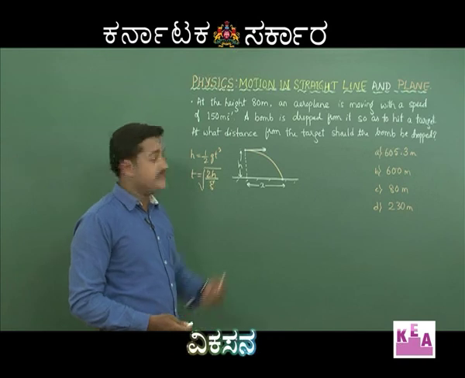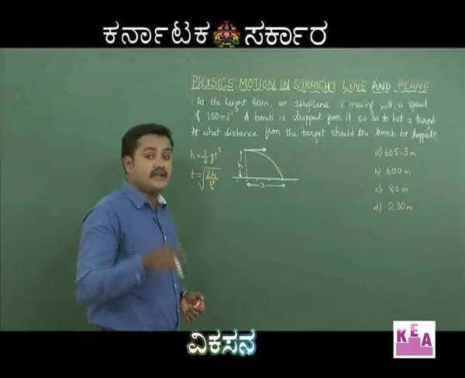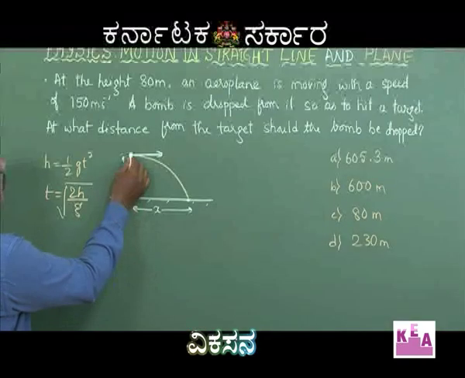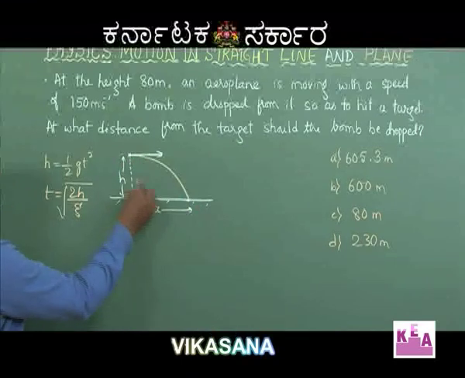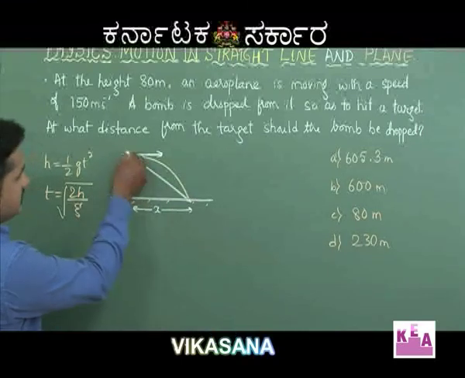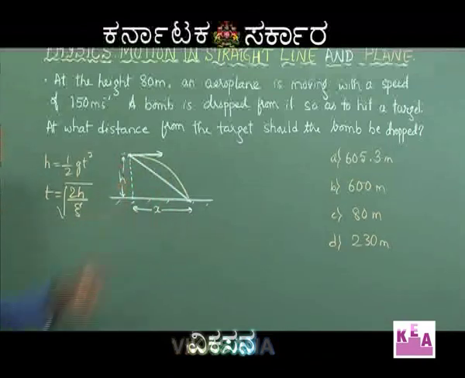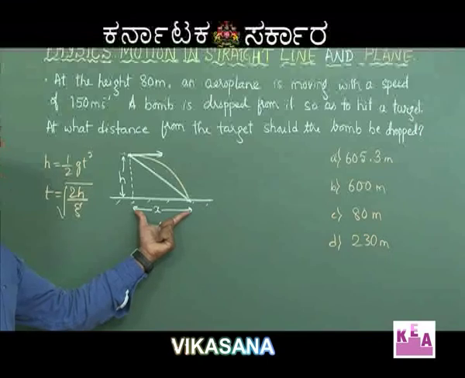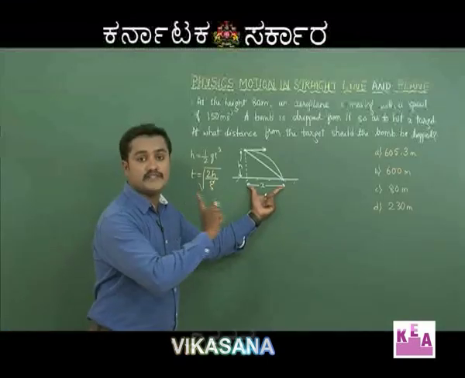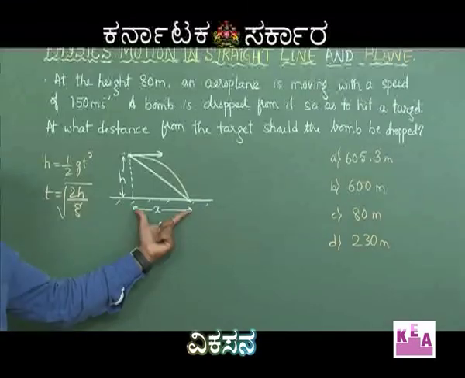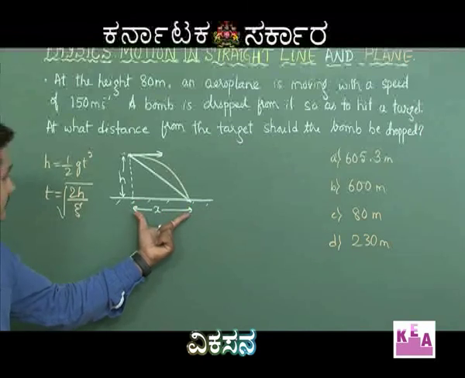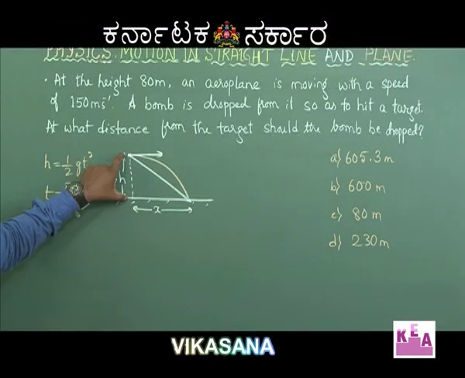Now my question is, in this problem, what is the distance between this point and this target? So I am supposed to find out this distance between the target and the bomb. I will have to find the time taken by the bomb to reach this point and find this x, the horizontal distance covered by the bomb. If I can calculate this x, I always know the height of the plane from where the bomb is dropped.